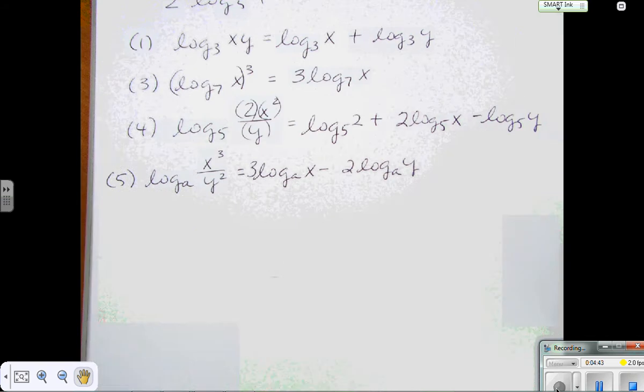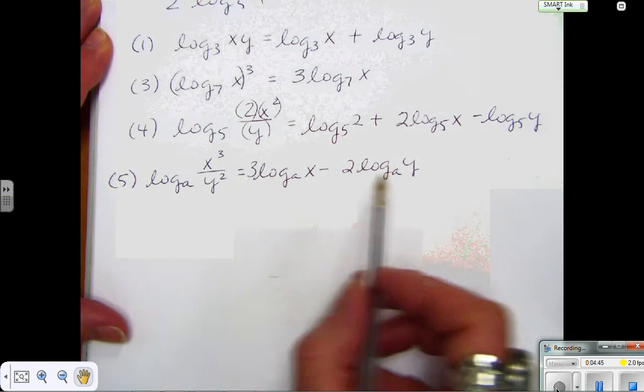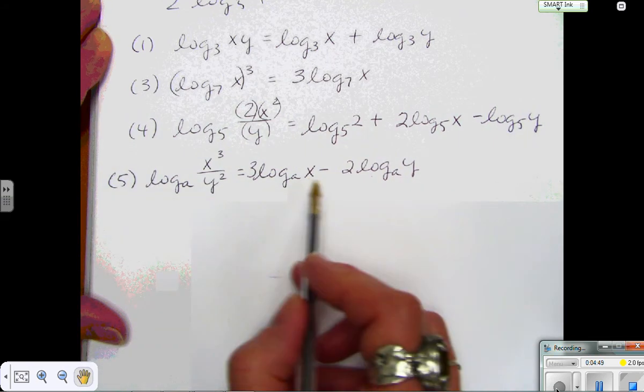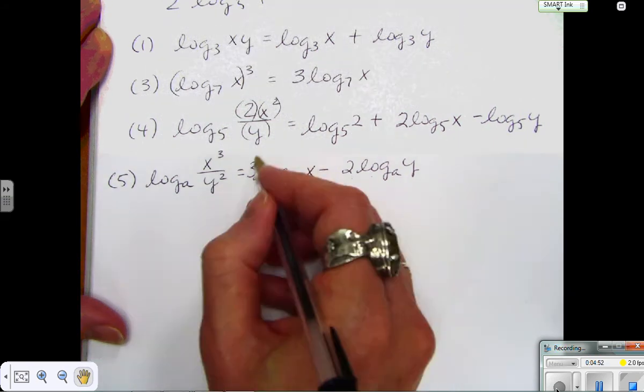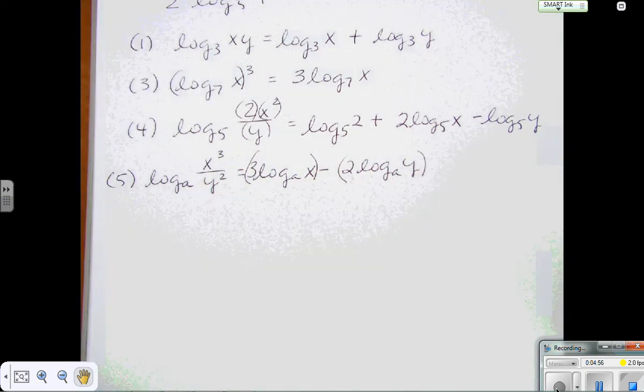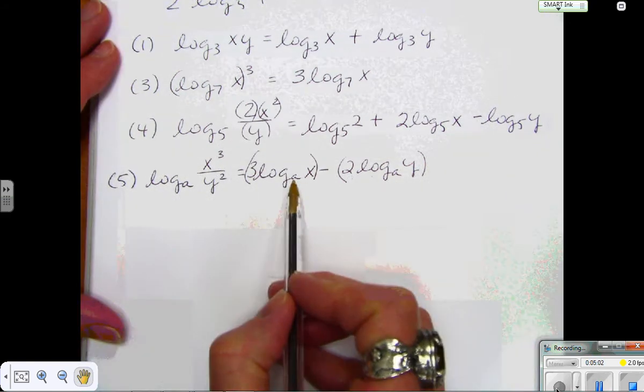Okay, so some people get this confused when you start writing numbers in front of the logarithms. They start thinking that the x and the 2 go together. So it might help you to put parentheses around the logarithms that are supposed to stay together. That way you won't get them mixed up, and this won't become log base a of x minus 2.